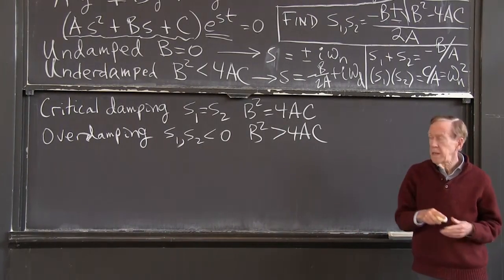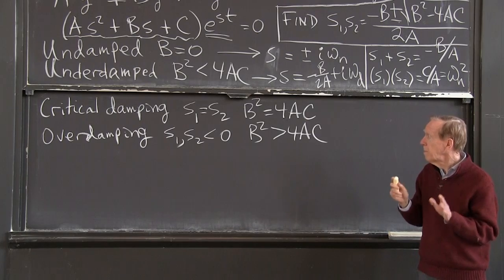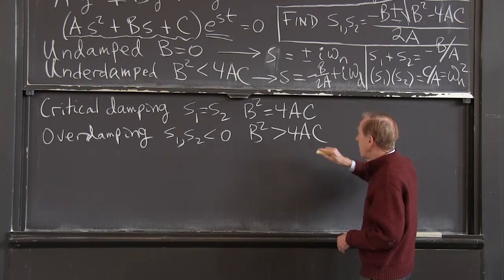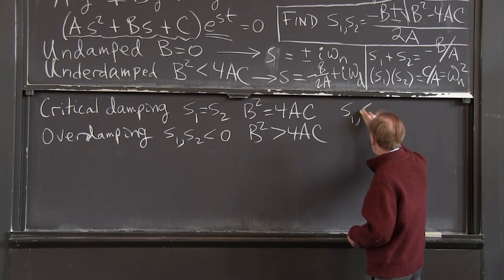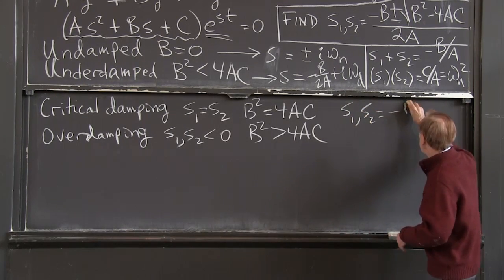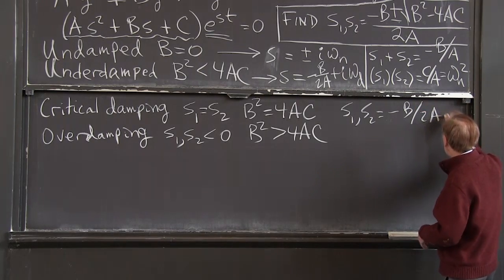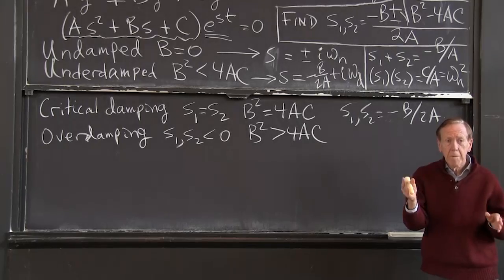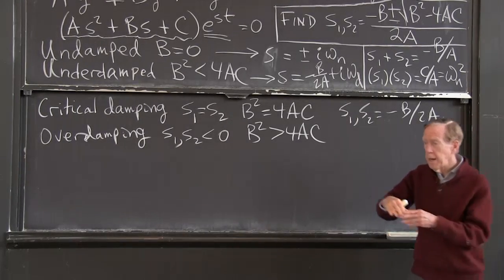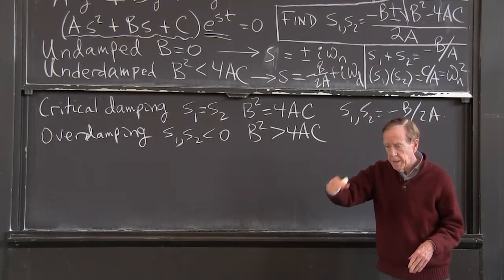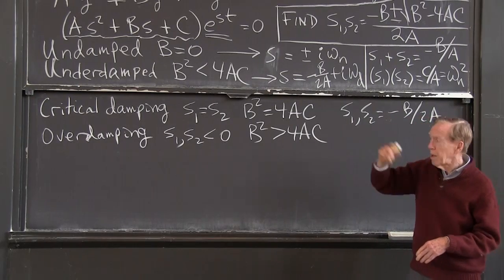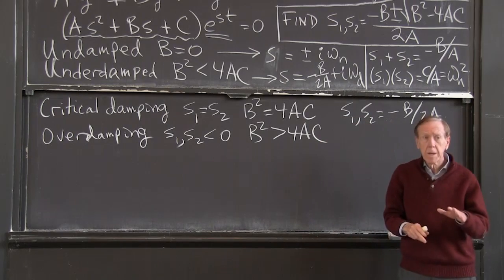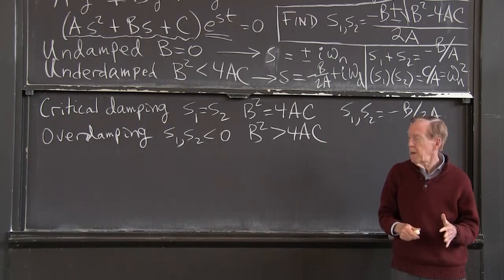Two equal frequencies. Real numbers, they're the minus b over 2a. So S1 and S2 are both minus b over 2a. That's just the edge between the decay with oscillation from underdamping, and the opposite extreme is overdamping.